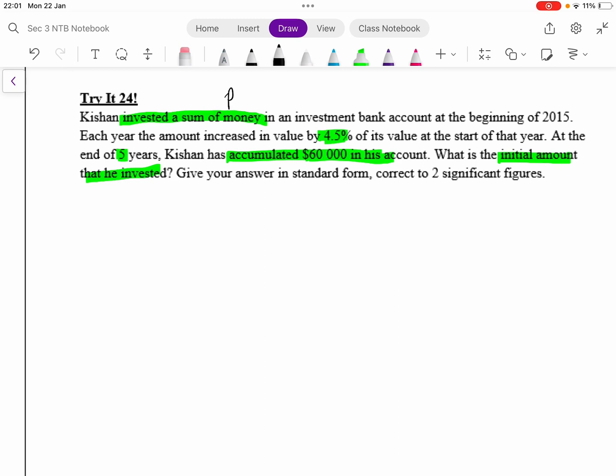Asking for P. So A equals 60,000, we know already. So P, 1 plus 4.5 over 100 to the power of 5. So again, 4.5 divided by 100 plus 1, power 5.